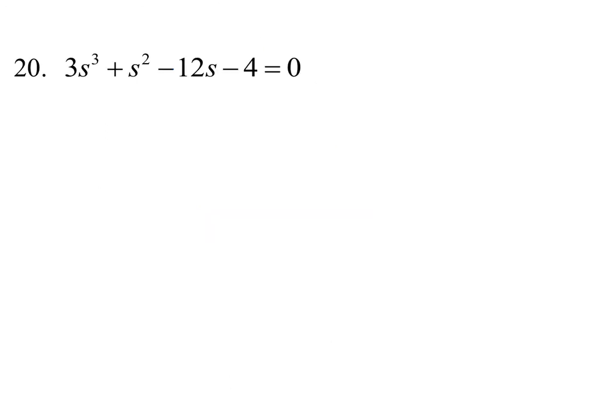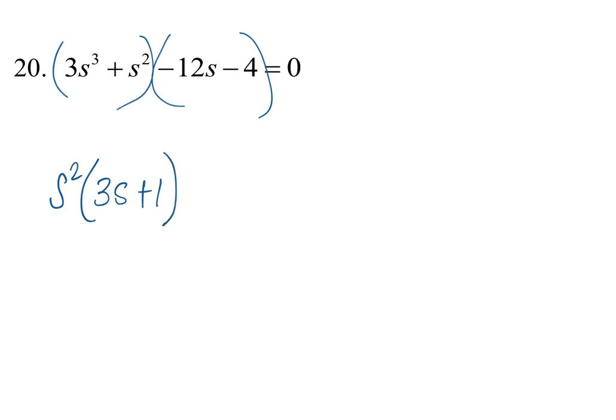Number 20 is a 4-term polynomial, and it's set equal to 0, so I'm just going to try to group it. In the front, I can pull out an s squared and be left with 3s plus 1. And in the back, the leading coefficient is negative 12. Pull out a negative, and 12 and 4 have a 4 in common.